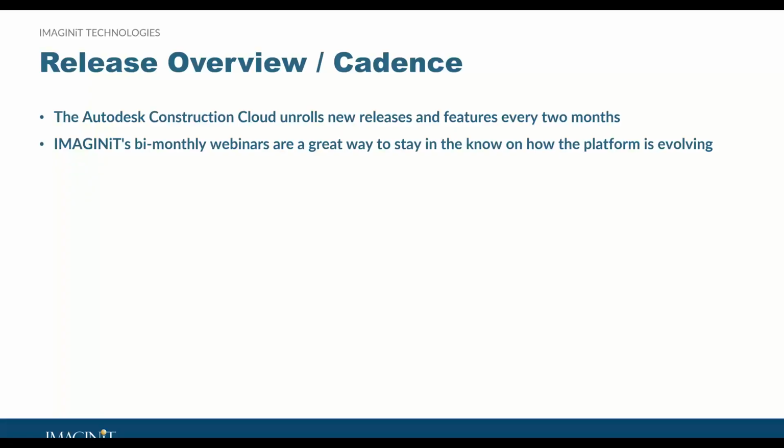So we let that information sit for a couple of weeks before we meet with you guys. It's also really important that we've had time to understand what those new releases are too, so that we can communicate them in an effective way to you guys. So those releases happen every 2 months. You can join our webinars every 2 months. We would love to see you guys on here. And this is just a really great way for you guys to stay in the loop with what's new to Autodesk Construction Cloud. It's a massive environment and there's just a lot of moving parts. And so this just gives you a bird's eye or a clear insight into what's going on inside the environment.